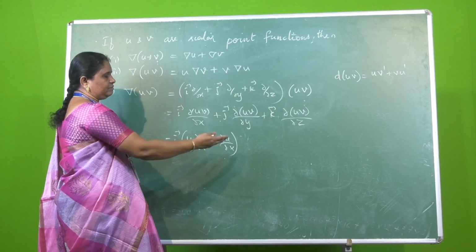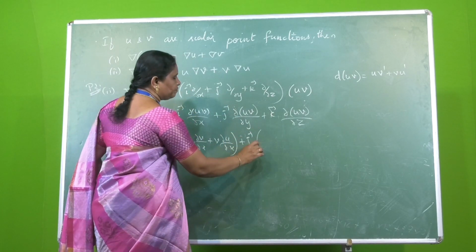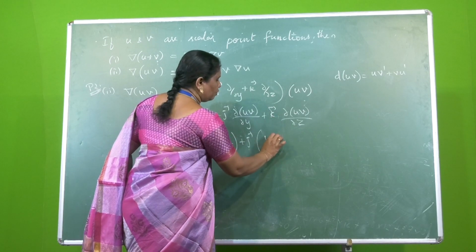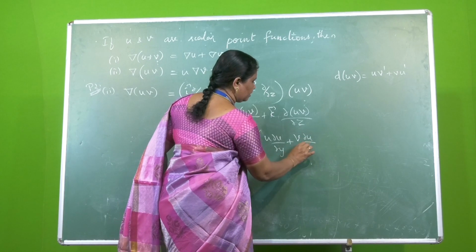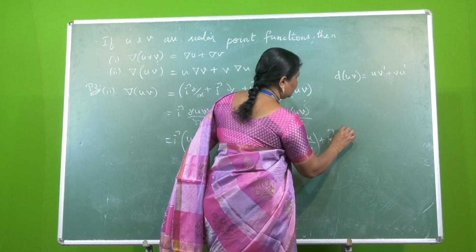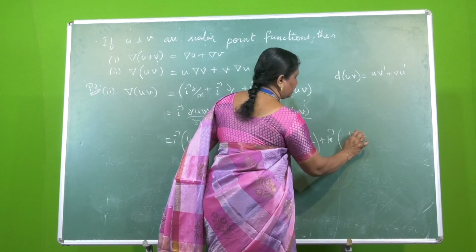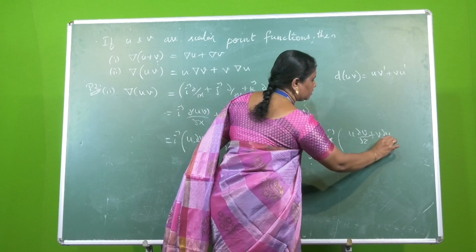In each and every term we have to differentiate in a similar manner. So j vector u dou v by dou y plus v dou u by dou y. And the last term becomes k vector u dou v by dou z plus v dou u by dou z.